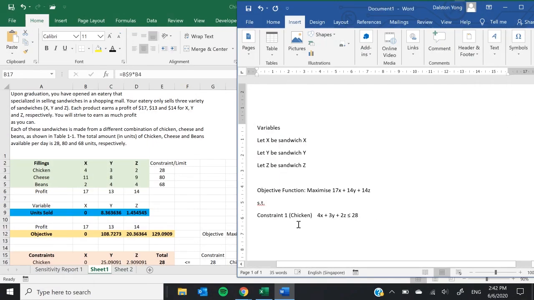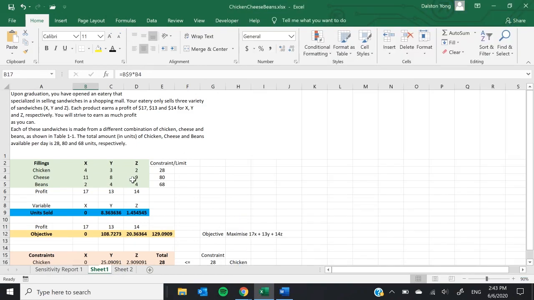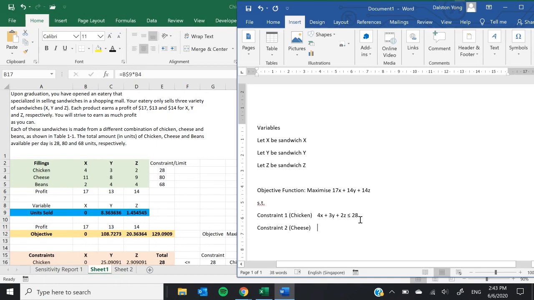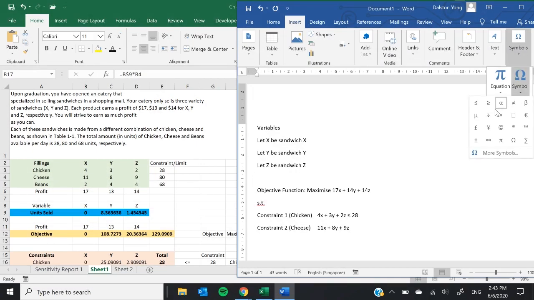I think this might be a bit better. All right, so constraint 2, cheese. Cheese will be right here. Okay, so 11x plus 8y plus 9z must be lesser or equal to 80.